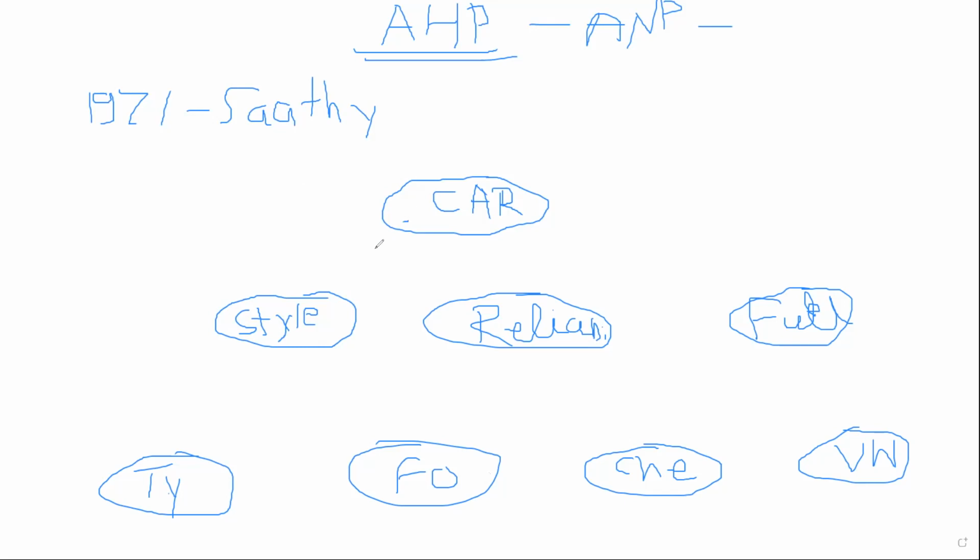So this is called a hierarchy. This is the objective. Then you have criteria. Based on these criteria, you then have options. So these are three layers. Normally you can go further, but it will be very complicated. There is software available in Excel, but it is paid, so we are not going to use it.